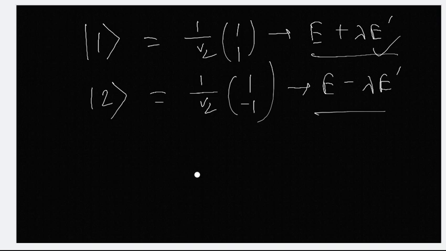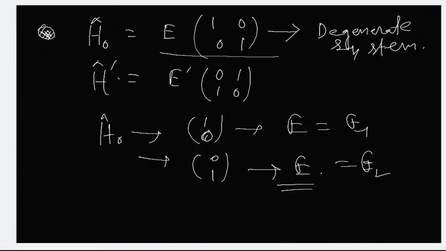And we can conclude that for such a system where the unperturbed states are not non-degenerate, they are degenerate, you cannot apply the previous methodology. You cannot apply the previous tool. So for degenerate systems, where the unperturbed states actually have the same energy eigenvalue, you have to develop a different kind of methodology or different kind of tool to find the effect of that perturbation.